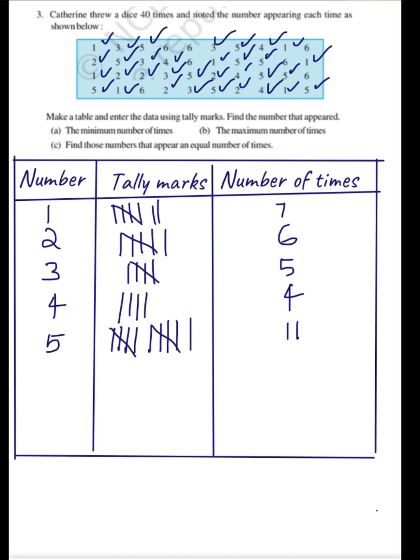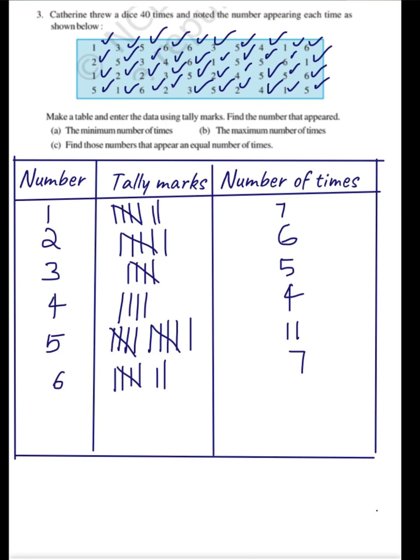Now the next number is 6. Let's count it. 1, 2, 3, 4, 5, 6, 7. So 7. In this way you will mark 7. You have to count how many times each number has appeared.